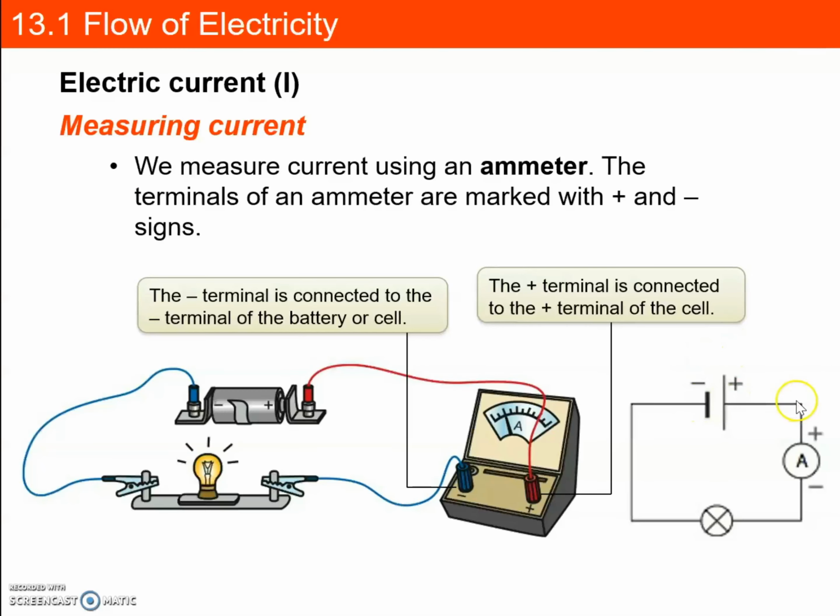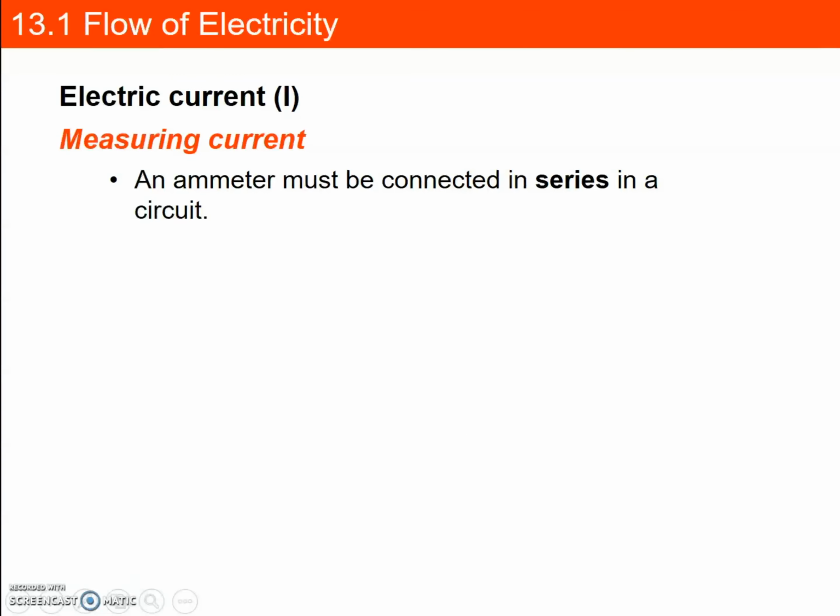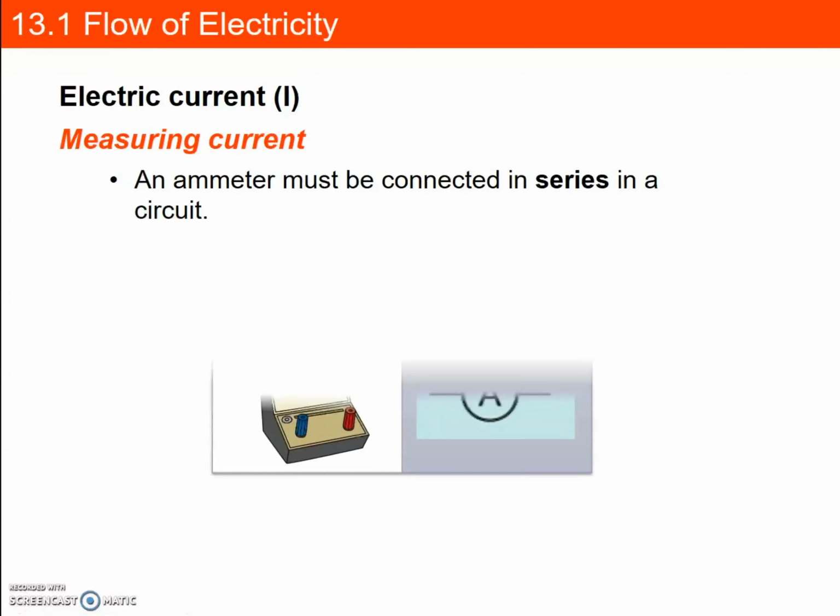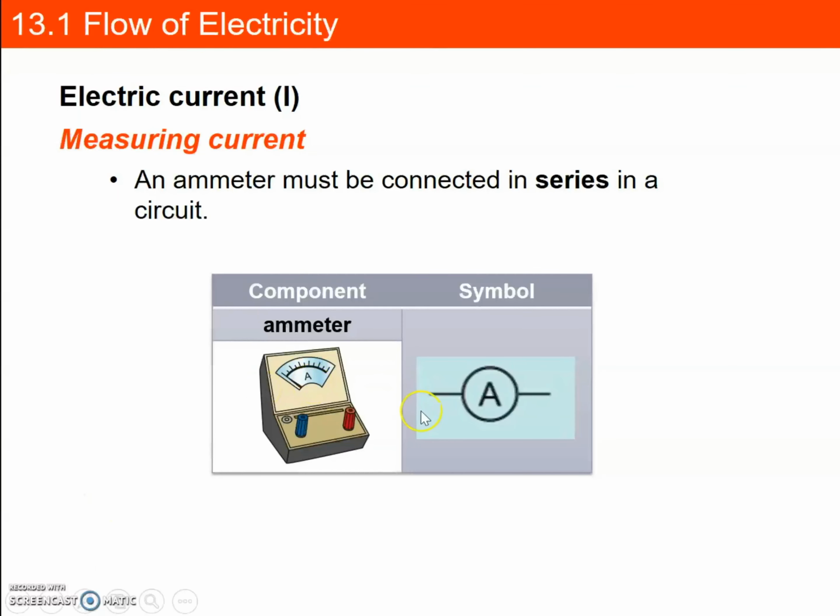And you find that the ammeter is connected in series with the battery, ammeter, and bulb all in one single path. Okay, so the ammeter must be connected in series in a circuit, and when we draw the diagram, the ammeter is represented by a circle with a capital letter A in the center.